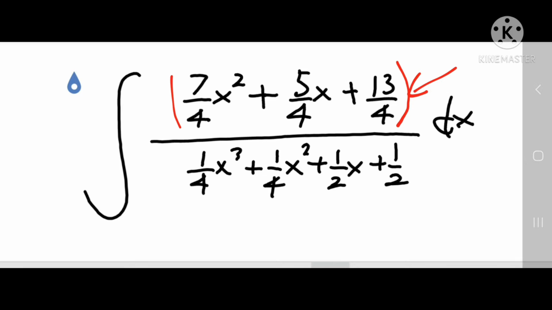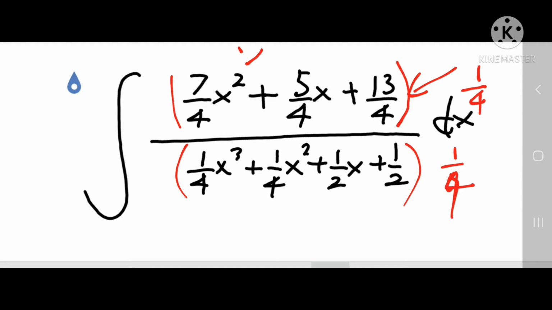Factorizing the numerator, we realize that the common factor of these terms in the numerator is 1 on 4. Likewise, the same for the denominator: the common factor is also 1 on 4.